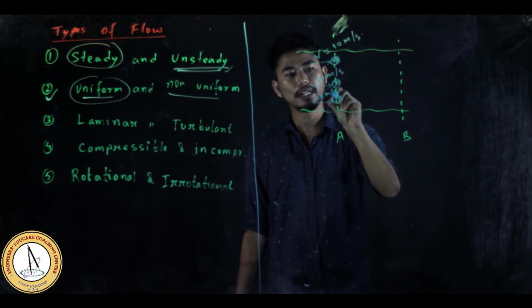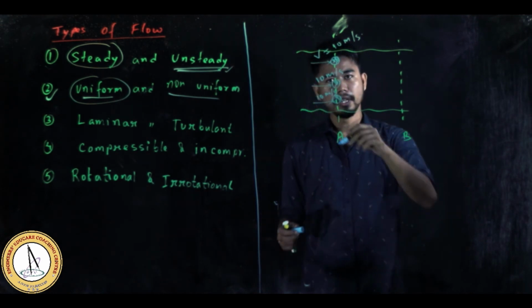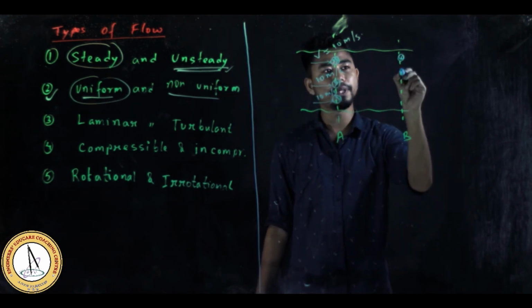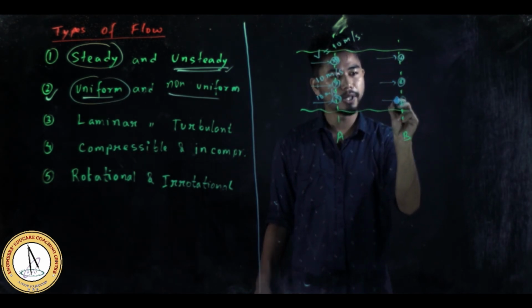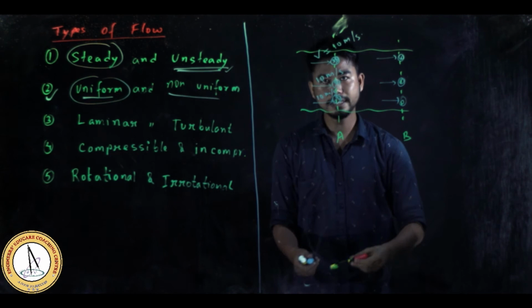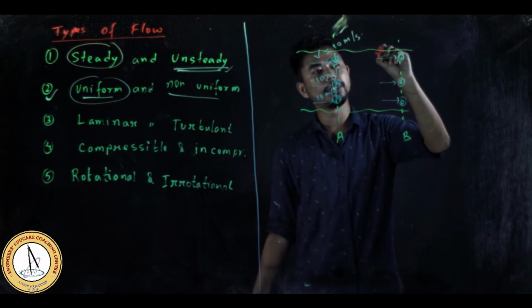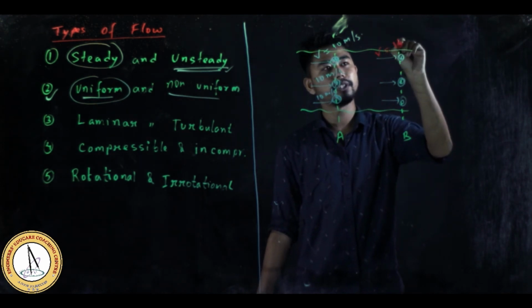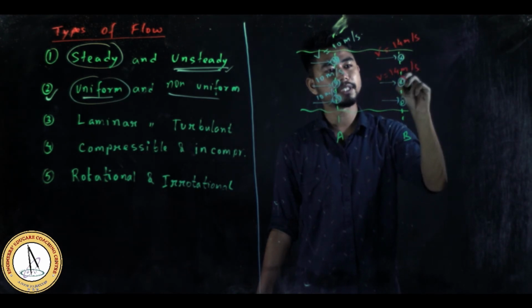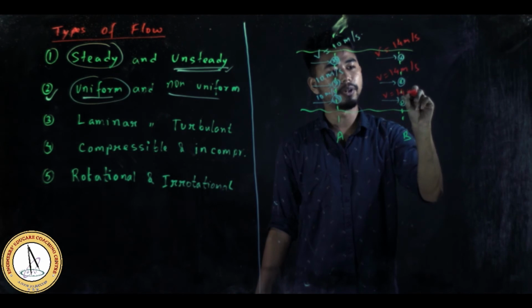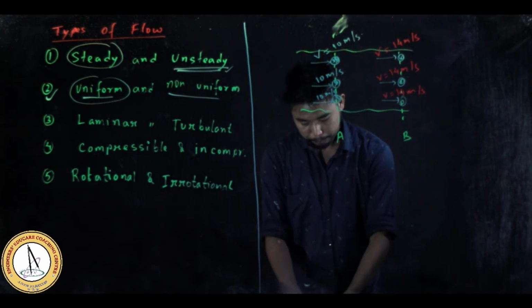Here also 10 meter per second. Now when it is moving to the other point B, the fluid is still moving in the forward direction. And let's say in this second position, the velocity is, suppose, 14 meter per second. Here also, suppose, 14 meter per second.